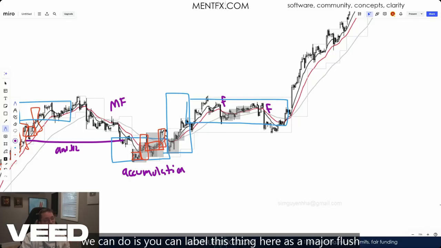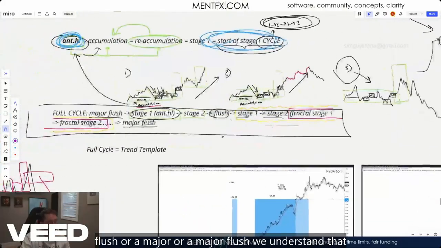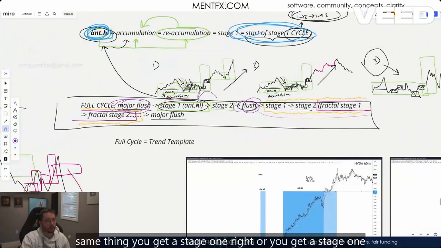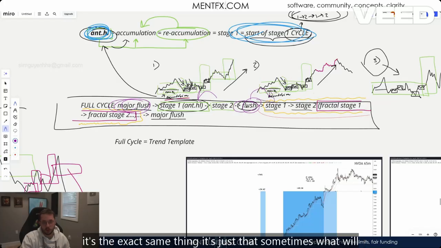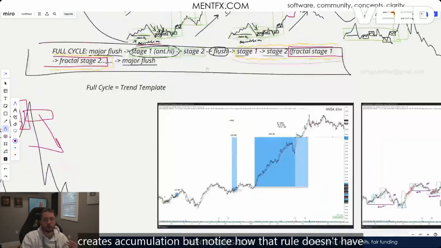Now, what we can do is you can label this thing here as a major flush as well. Both are valid, right? Because whether this is a flush or a major flush, we understand that following a major flush or following a flush, you get the same thing. You get a stage one. It's the exact same thing. It's just that sometimes what will happen is in a truly major flush, you'll oftentimes get that anticipation of the higher low rule, which overall creates accumulation.